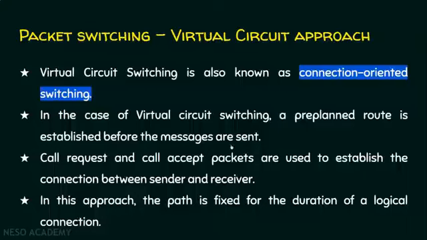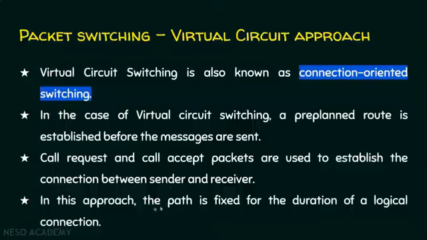It means before sending the messages, some route is decided using a virtual circuit identifier. This route is decided before the data are sent. Call request and call accept are special packets that are used in this scheme to establish the connection between the sender and the receiver.